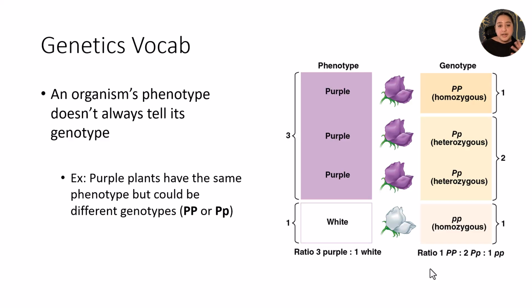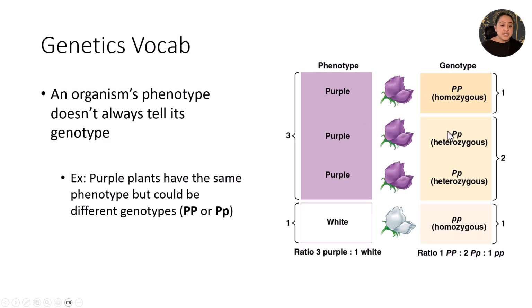And so, now applying it again. With an organism's phenotype, you might not always be able to tell its genotype. So all three of these look purple, they have a purple phenotype, but just from looking at it, you don't know its genotype because it could be purple because it's homozygous dominant, or it could be purple because it's heterozygous. So for a lot of them, based on the phenotype, you don't always know what the genotype is.